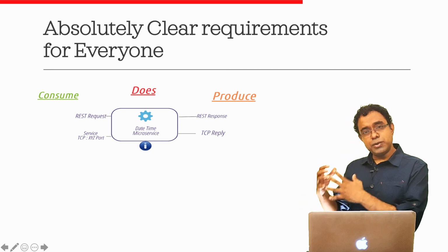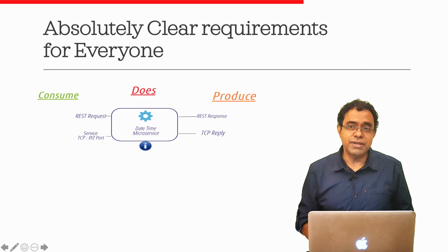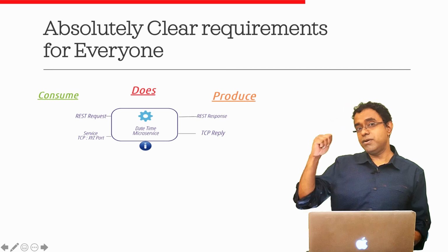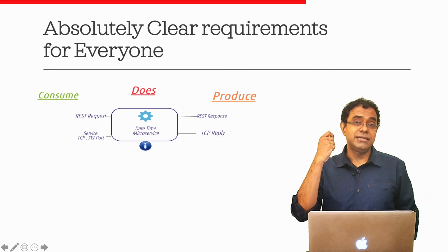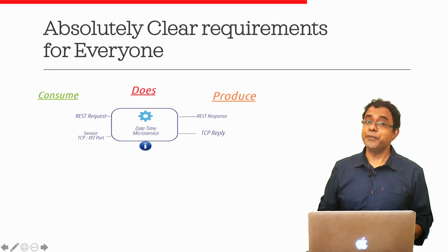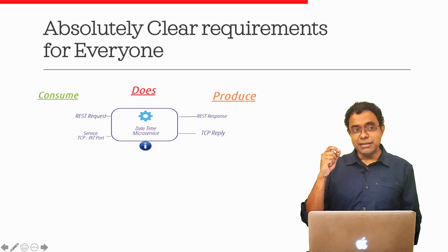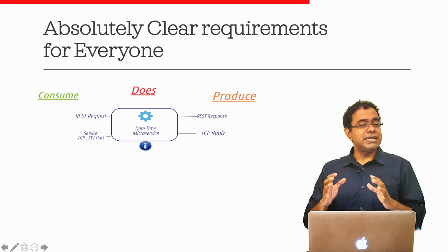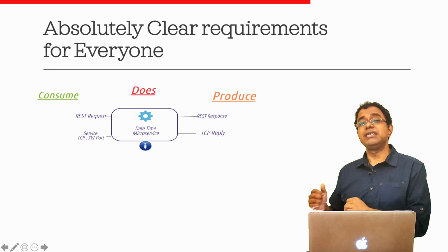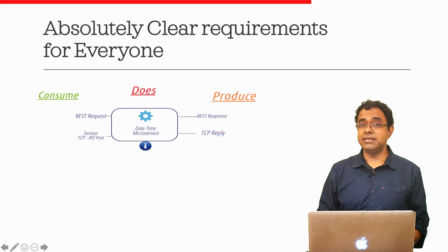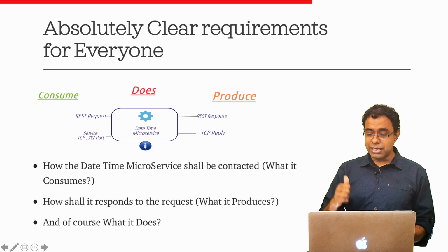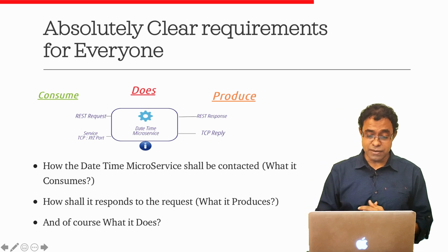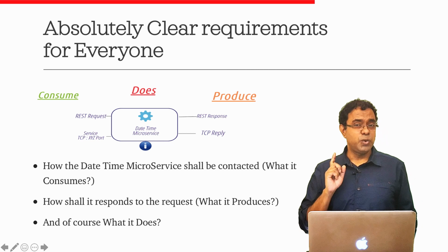Even if you show it to someone who is not directly involved with the work, they know that you are opening a TCP network connection to some other server, or you are providing a service in TCP at some particular port, and you are capable of receiving REST requests and providing REST responses. How easy is it for anyone looking at this to understand what this microservice does? So this makes extremely clear how the datetime microservice shall be contacted, what it consumes, how it shall respond to the request, what it produces, and of course what it does.